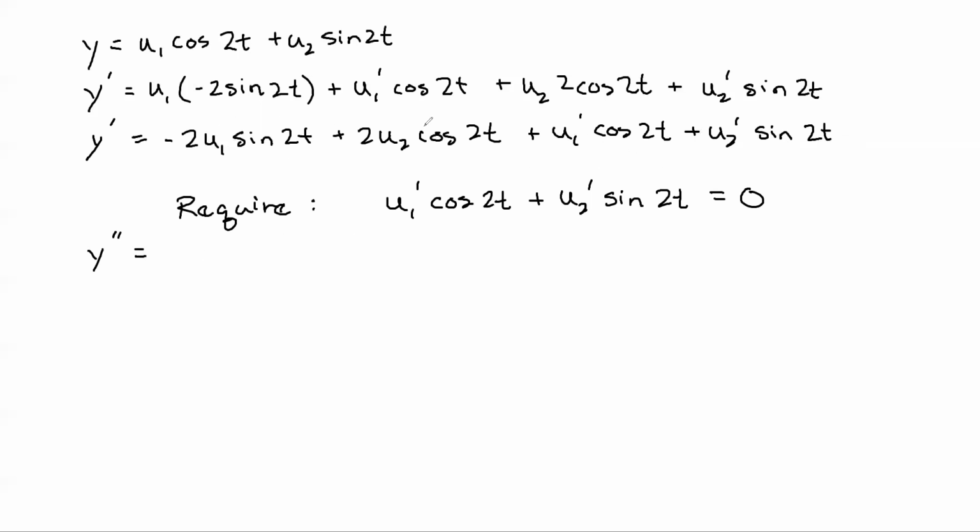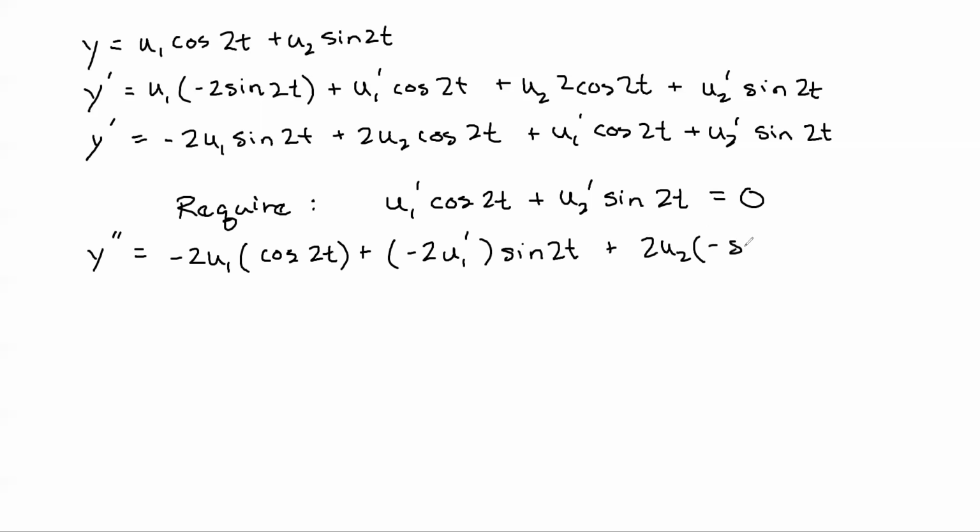Okay, so once you've done that, that gets rid of these, right? So now we're going to go through and calculate the derivative, and we're going to end up calculating the derivative on just these two guys here. So we're going to have negative 2 u1 times cosine 2t plus negative 2 u1 prime sine 2t, and then 2 u2 negative sine, oops, I forgot the 2.